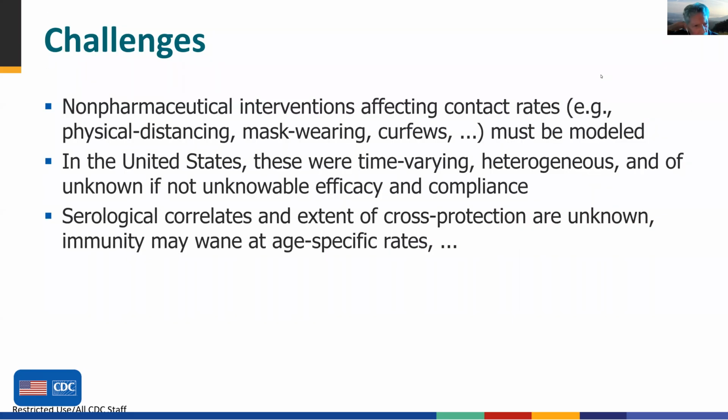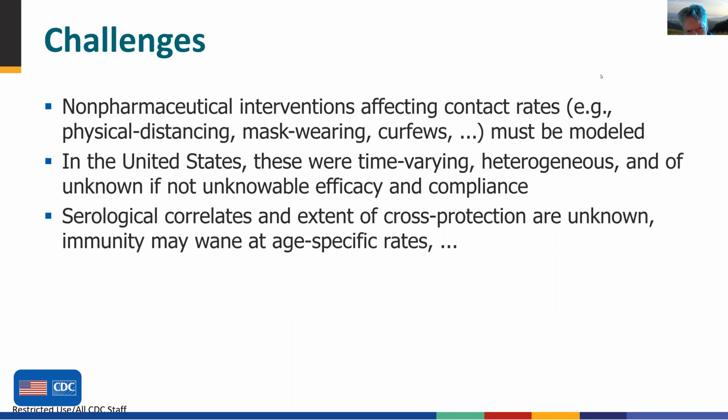What are the challenges of transmission modeling? Well, they're substantial for this pathogen. Non-pharmaceutical interventions affecting contact rates must be modeled, and these are things like physical distancing, mask wearing, and curfews.